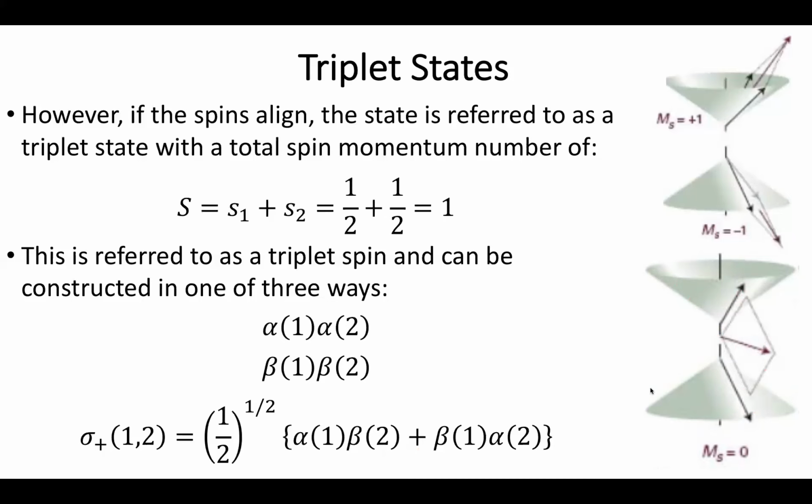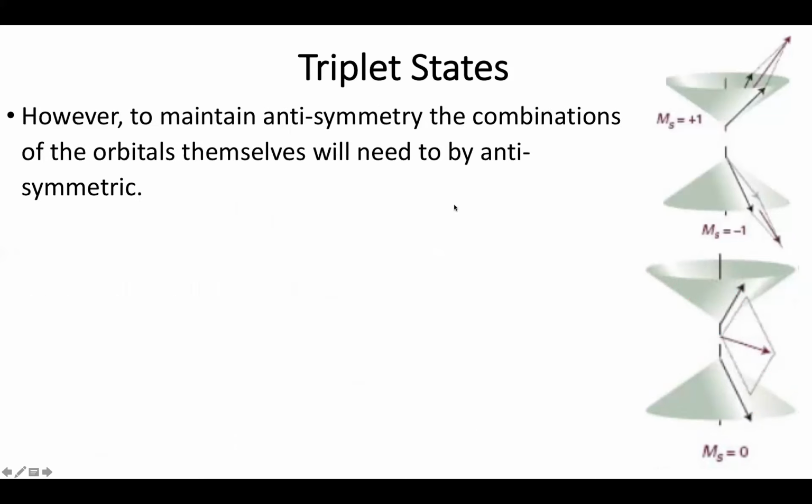But it turns out that this sign has another very important feature. It means that all three of these triplet states have symmetric spins, which gives us some issues with Pauli, because the Pauli principle says that the total wave function has to be antisymmetric. None of my spins are antisymmetric. They're all symmetric to inversion, which means the orbitals themselves have to be antisymmetric.